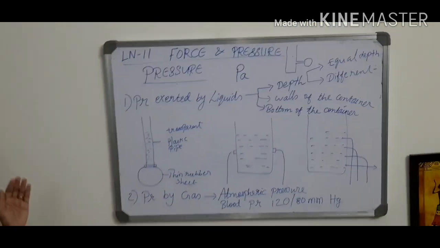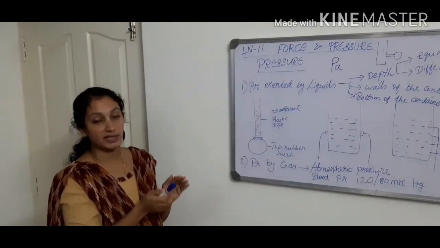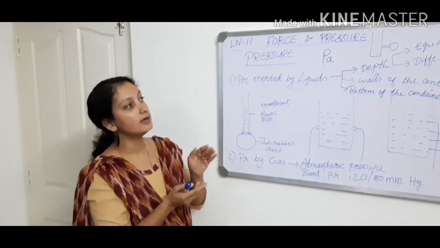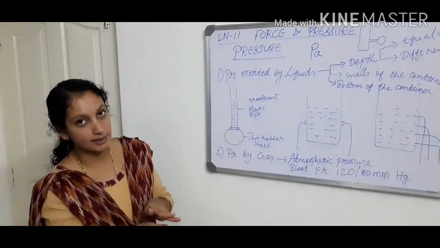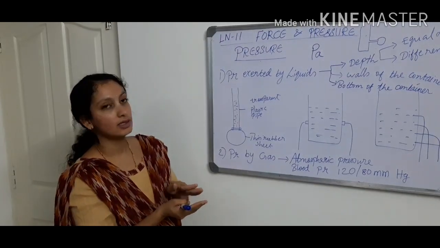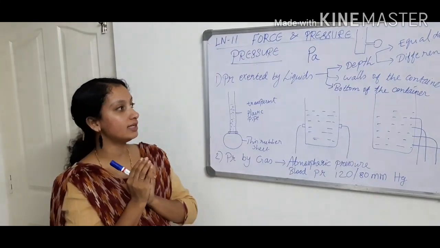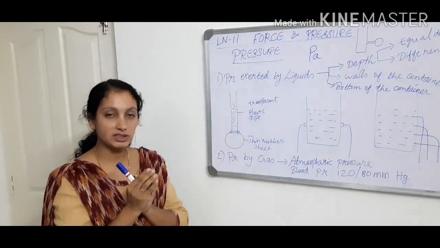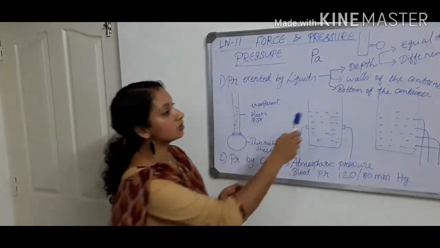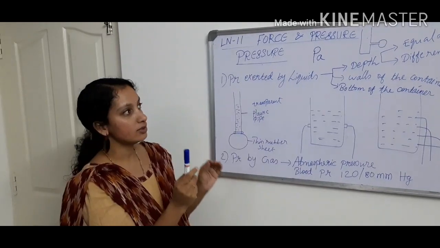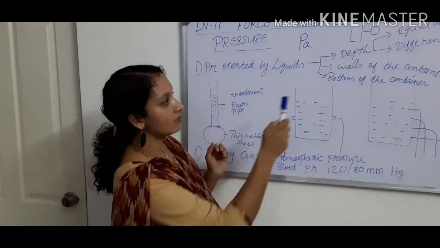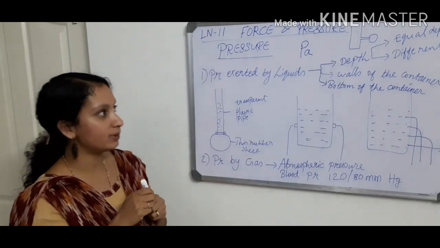So the pressure exerted by liquids depends on how deep the container is, the pressure on the walls, and how the pressure is exerted at the bottom. By activity, I will show you how this is happening.